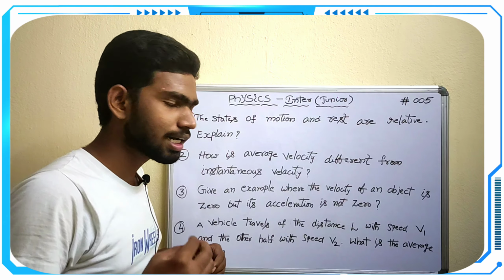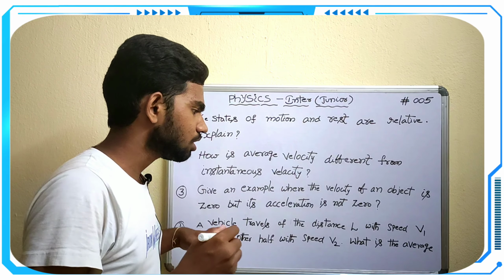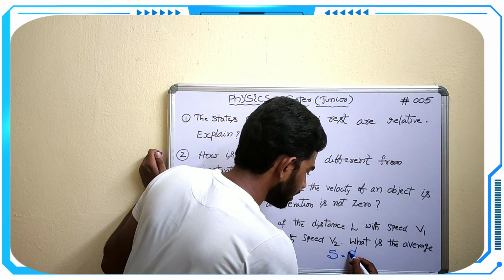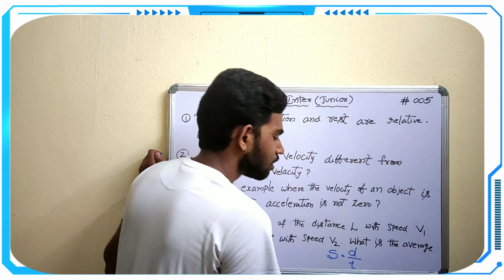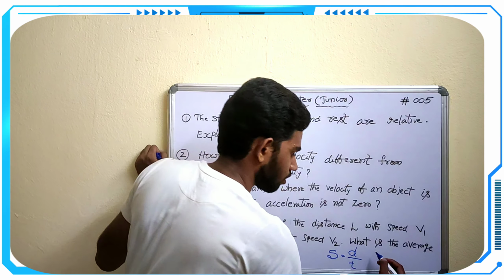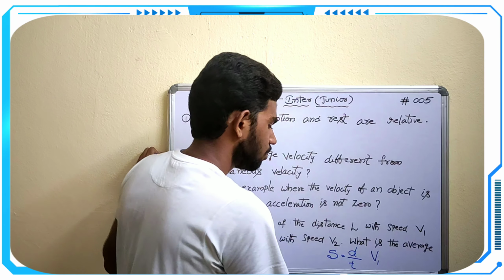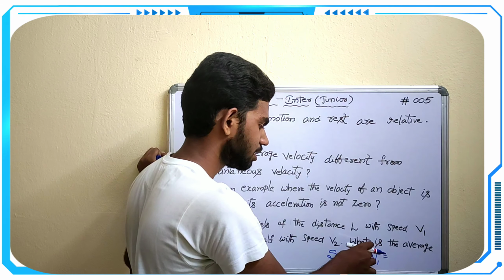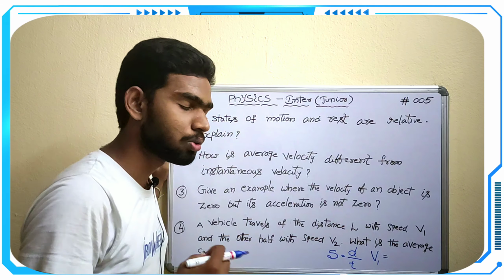So we have to write t1. As we know, speed equals distance by time. In the speed place we write v1. So v1 is equal to d, and distance means L by 2.